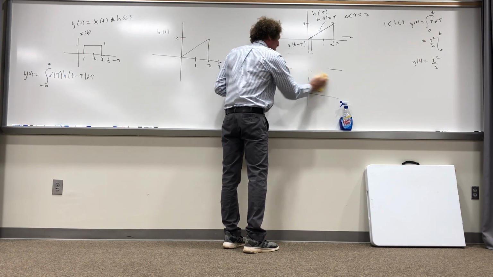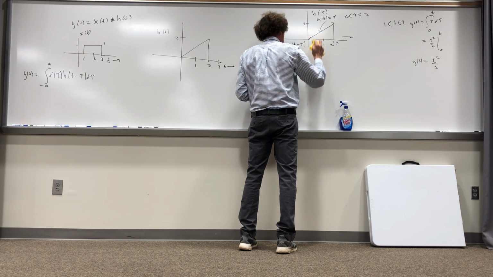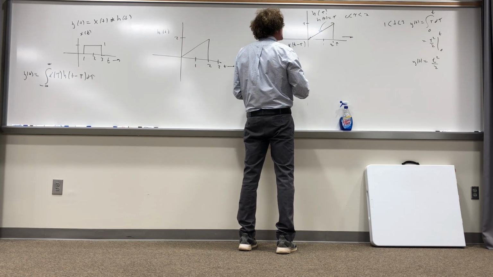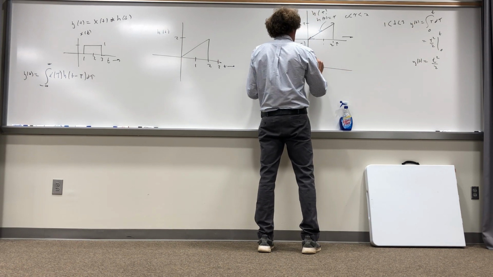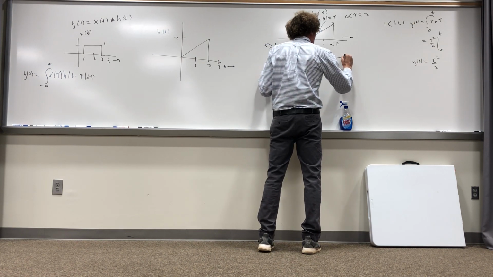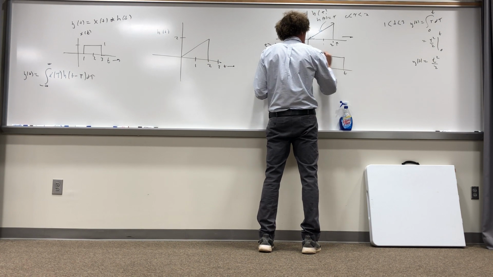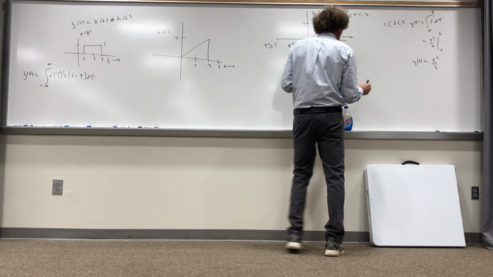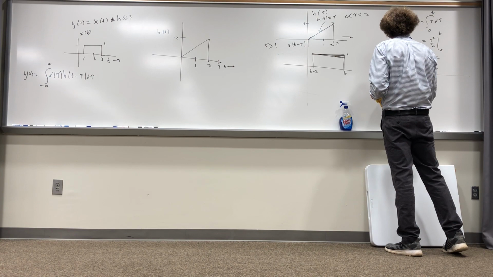I was going to cover the whole board, but I think it would be better just to do this. So next, I have this. This is still t, and this is t minus 2, right? That's still 1.